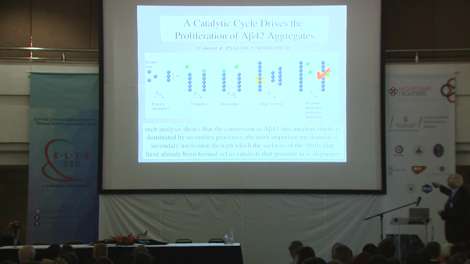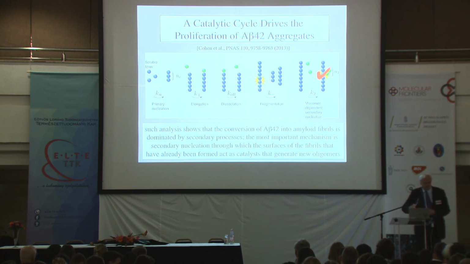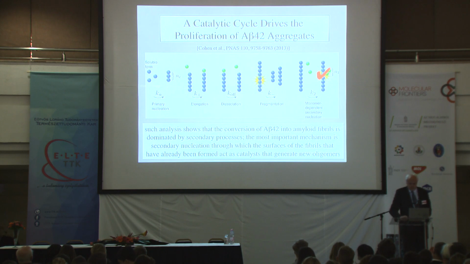Once you've got aggregates formed, they catalyze the formation of more oligomers, which then form more nuclei, which then grow to more fibrils. So the more of these you get, the more new ones you generate. And so this is a really explosive process. Once you start to get aggregation, the aggregates proliferate very rapidly. And so this turned out to be an incredibly important mechanism for A-beta-42, and we have strong evidence this is the case in vivo as well.